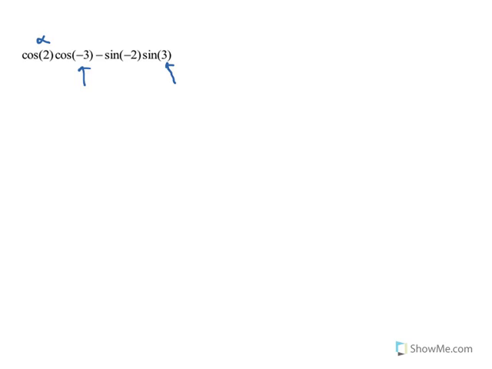So we know cosine is an even function. So a negative input is identical to a positive input. If you remember the identity from earlier in the chapter, cosine of a negative angle is identical to cosine of a positive angle.